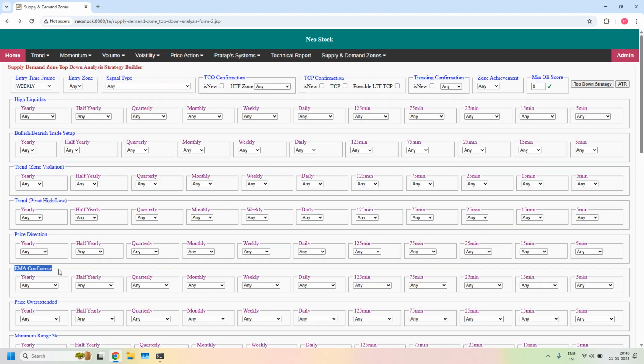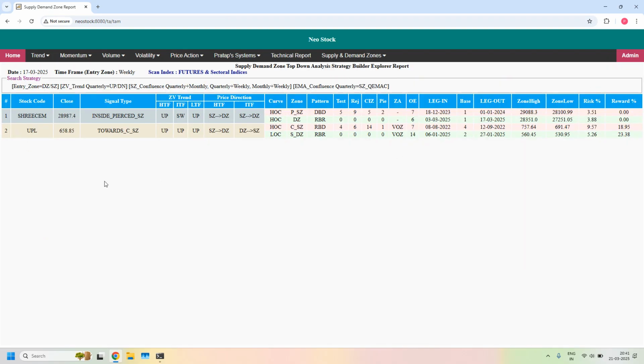So in the EMA confluence at quarterly time frame, I am selecting the filter quarterly supply zone having quarterly EMA confluence. And also trend on the quarterly time frame should not be sideways. It can be up or down. So with these filters, we got only 2 stocks. But both these quarterly supply zones are pierced supply zones.